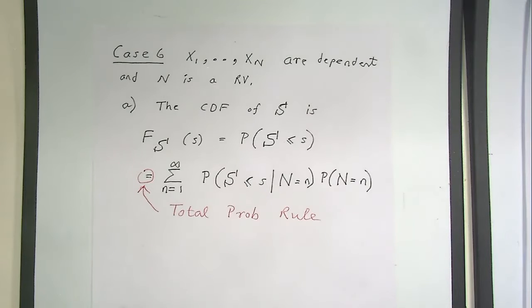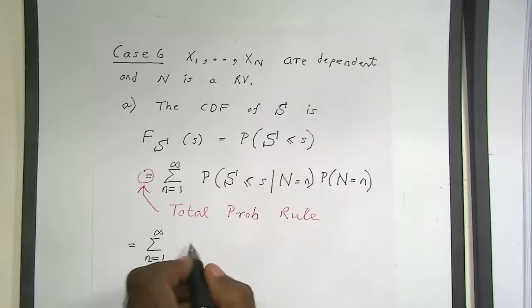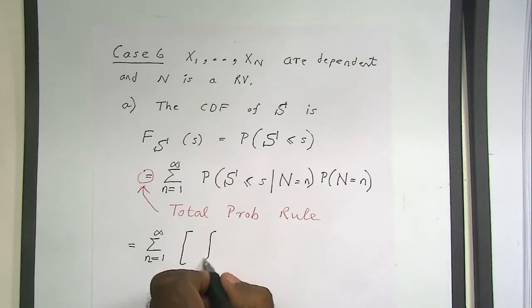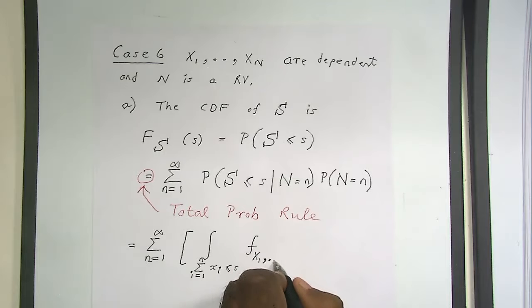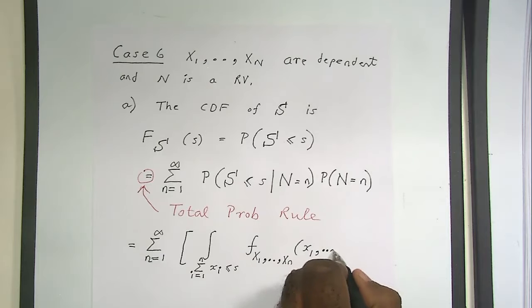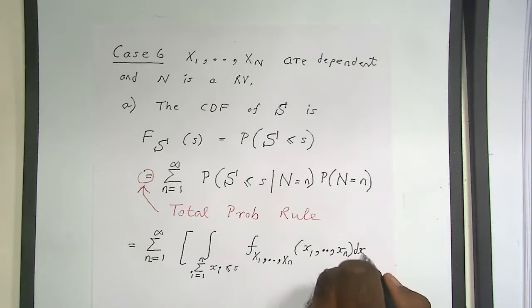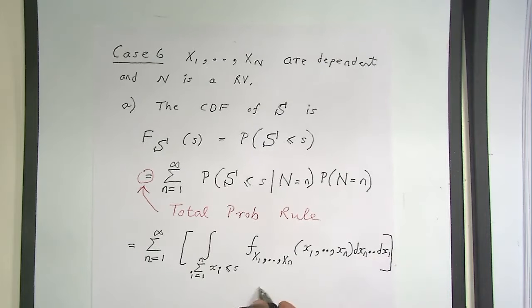So what I'm going to do is to replace the conditional probability by this formula here, and then multiply by the probability that capital N is equal to little n.